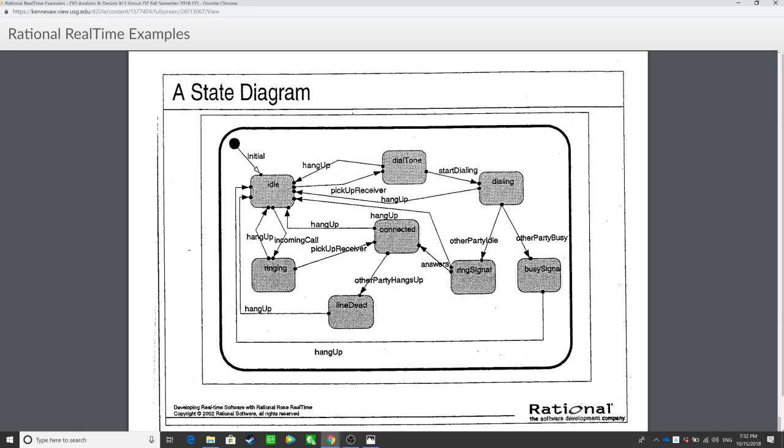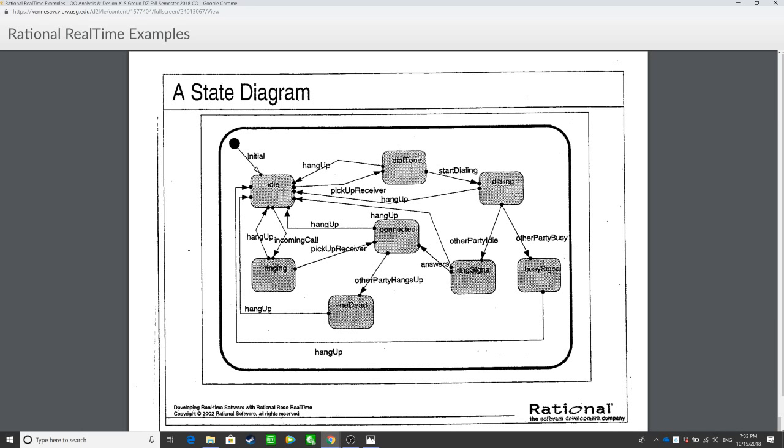Hang up is something that always brings you to the idle state. That information is also modeled in this state diagram. So the same event does not always trigger the same reaction, but hang up always triggers the same one, going back to idle. There are some cases where events will result in the same state.